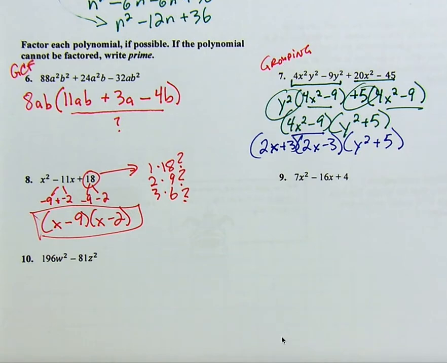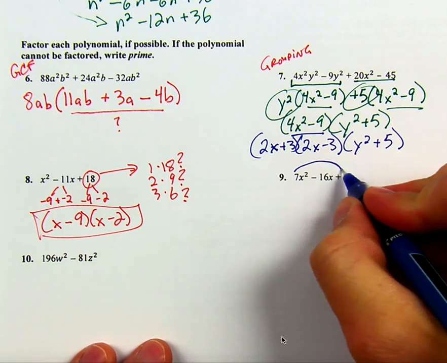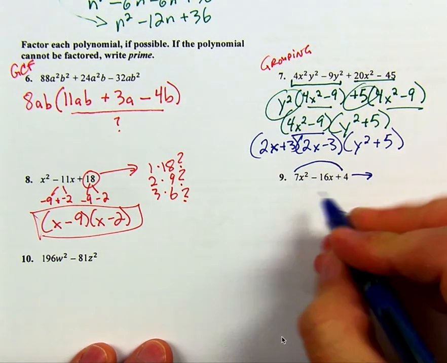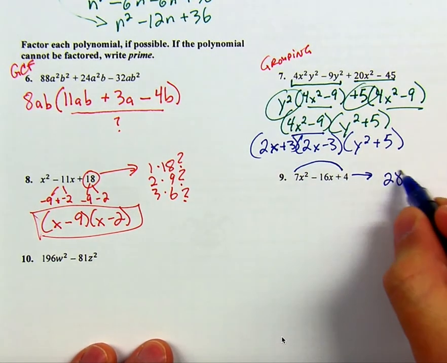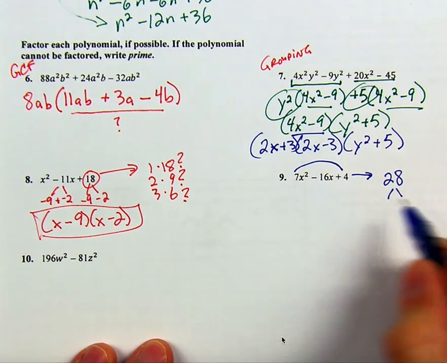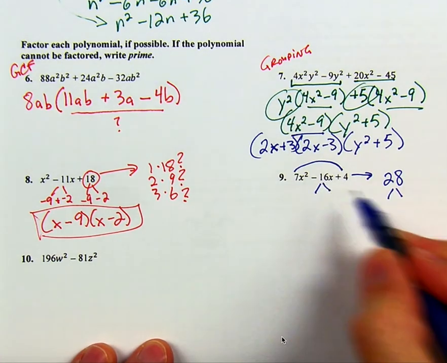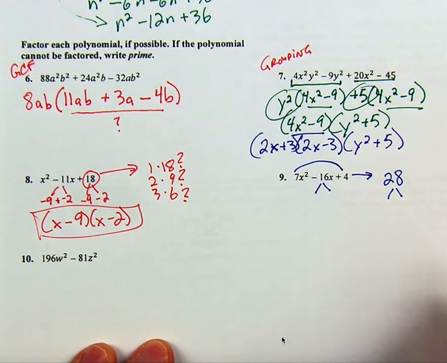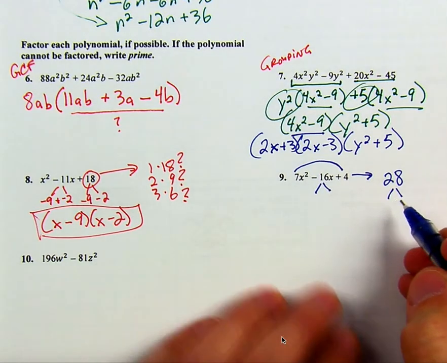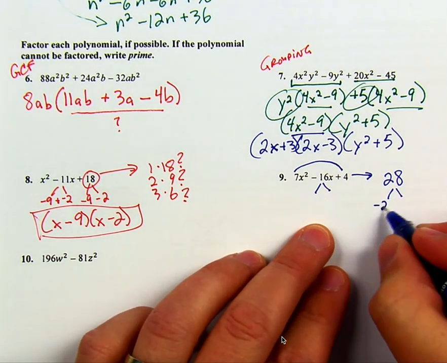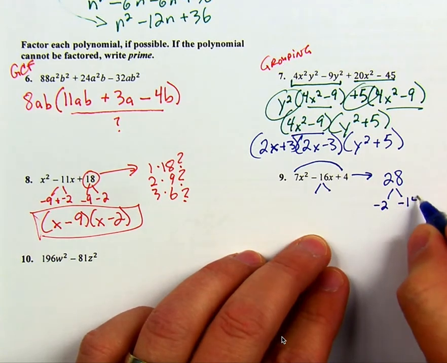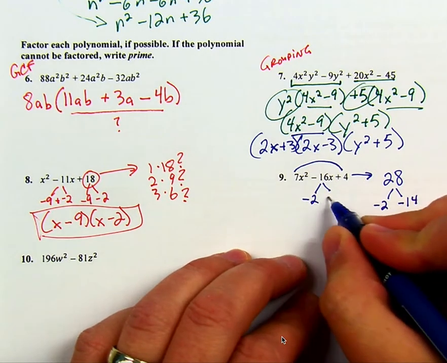All right, then we get to number 9, which is not the easy magic numbers. This is the not so fun version where you can guess and check if you want to, or you can do this kind of a thing where we use this number to help us split this number. So 28 is, let's see, 16, -2 times -14, and -2 plus -14.